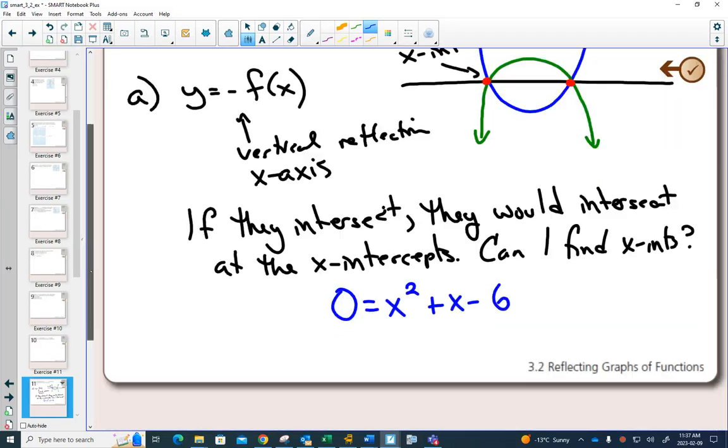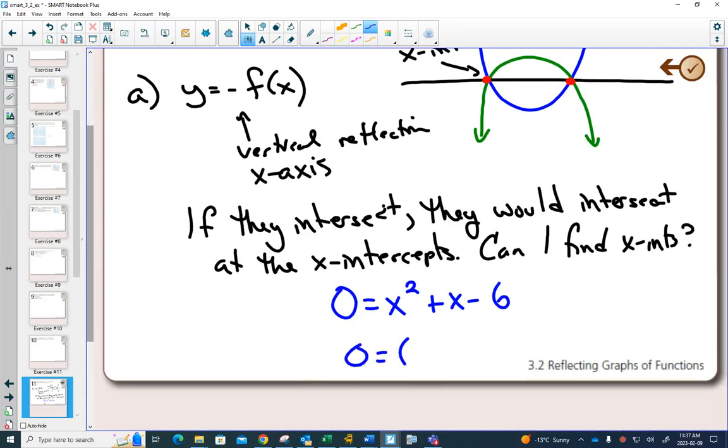This one factors nicely. X and x, 3 and 2. The 3 is positive, the 2 is negative. So then I could solve this. X is equal to negative 3 and x is equal to 2.